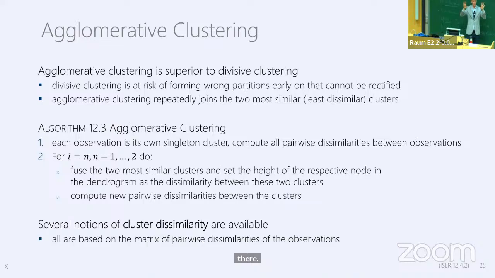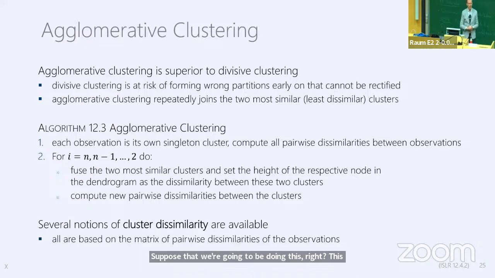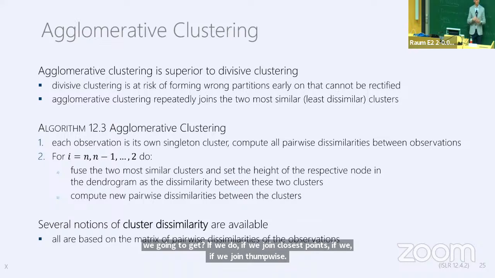Suppose that we're going to be doing this. This is called single linkage, if I'm not mistaken. The next slide will show it. But what shape of clusters are we going to get if we join closest points, if we join thumbwise? Does this give a preference to the shape of the clusters that our clustering algorithm is going to find?